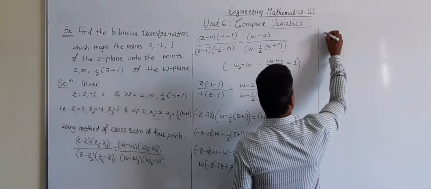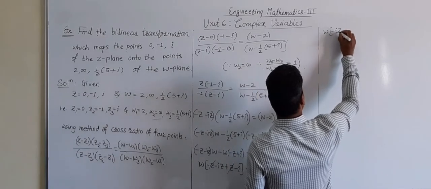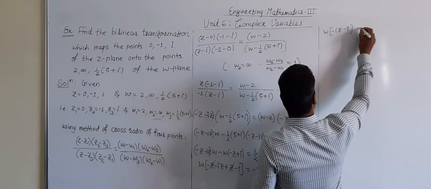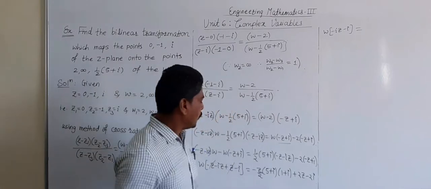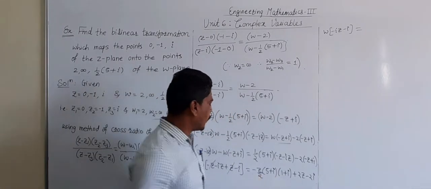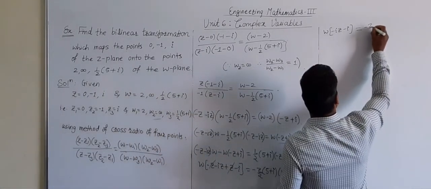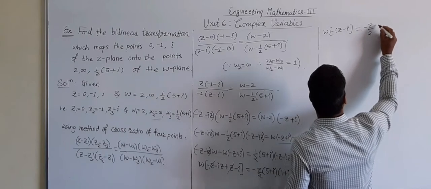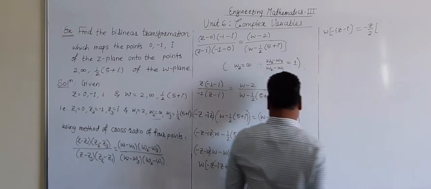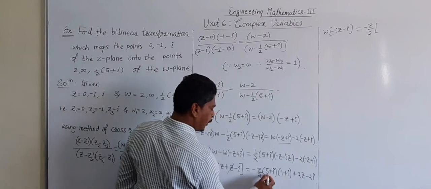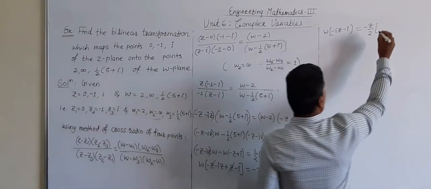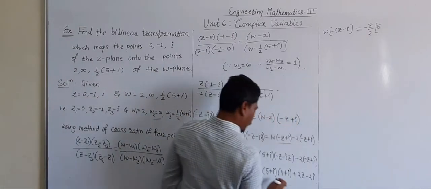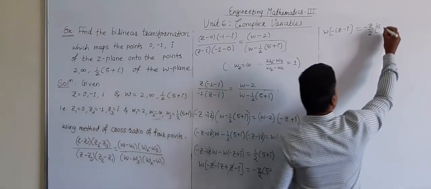Now I will write w into bracket minus iz minus i equal to, now multiplying these two brackets, so keep this minus z upon 2 as it is, into the bracket. After multiplying these two brackets, we get 5 into 1 becomes 5. Then 5 into plus i becomes plus 5i.